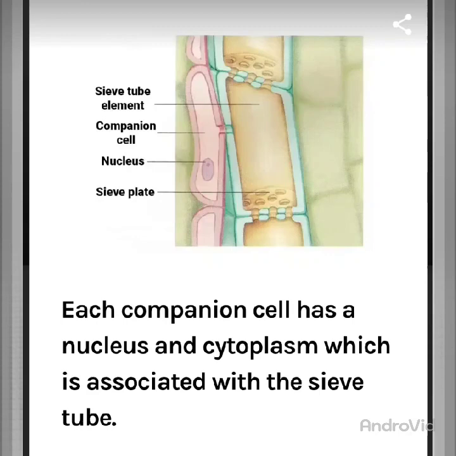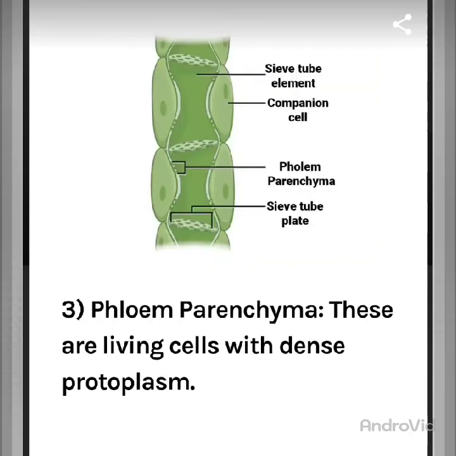So this companion cell also has a nucleus and cytoplasm, and this is important: the companion cell cytoplasm is associated with the sieve tube. Here you can see the cytoplasm of the companion cell is associated with the sieve tube element or sieve tube cytoplasm.